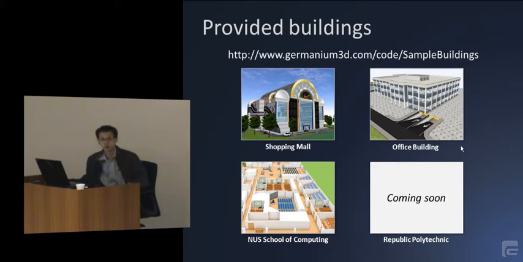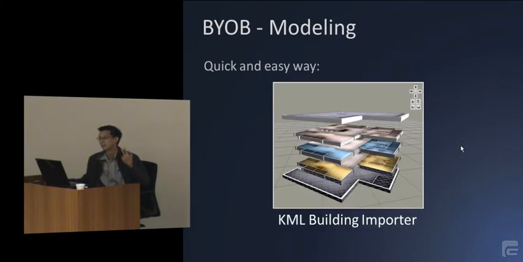However, if you want to use your own building, there are 2 tools. First is the quick and easy way. This is especially for when you don't have a building at all and you want to focus on your application, and your application doesn't really need a full 3D building.